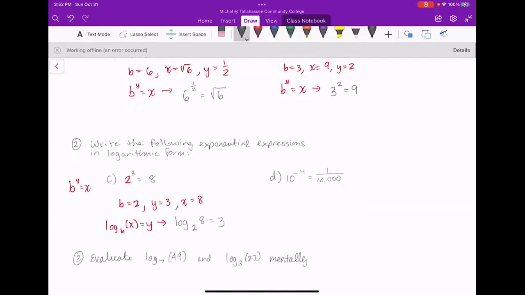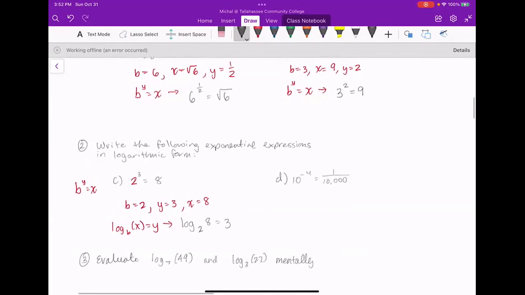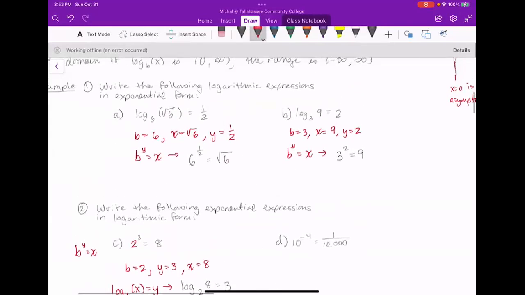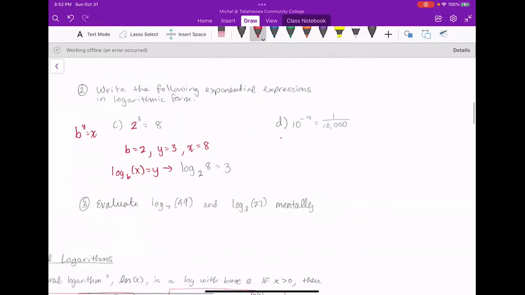Okay, I can do the same thing with this last equation. B is equal to 10, y is equal to -4, and x is equal to 1 over 10,000.